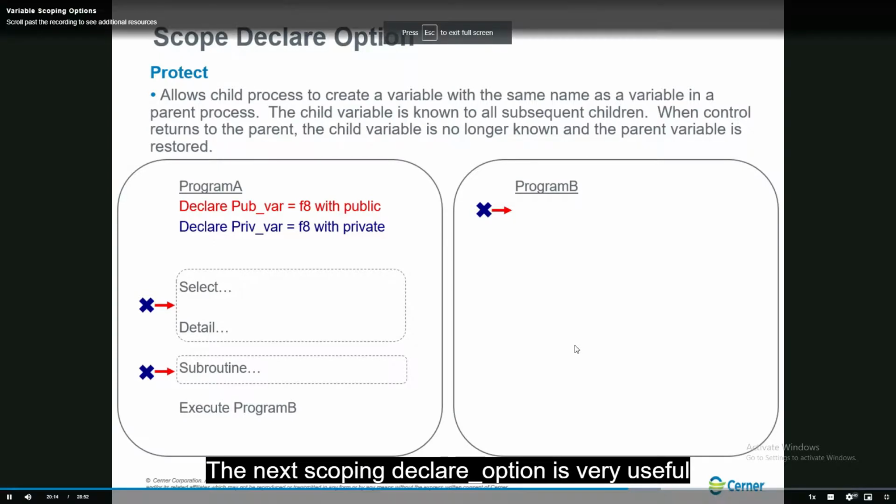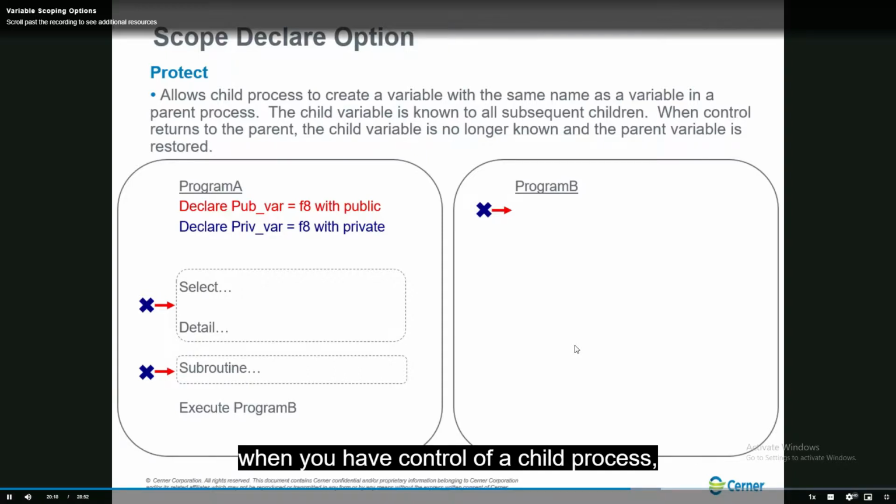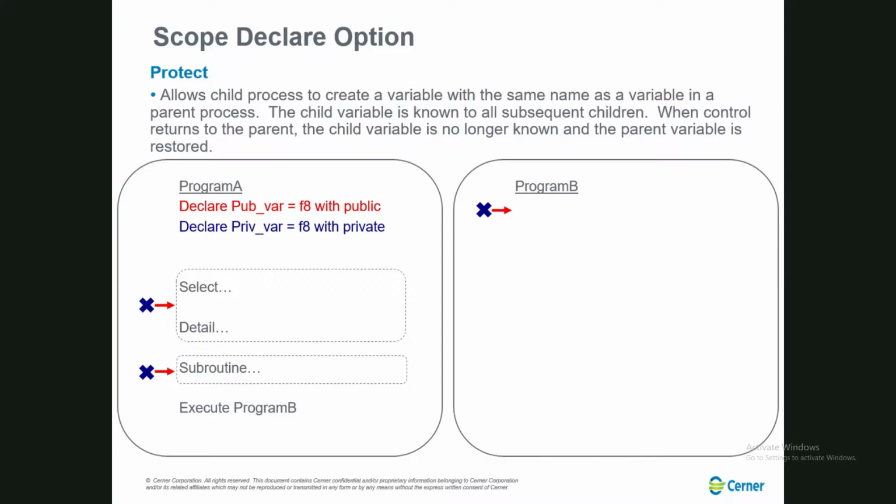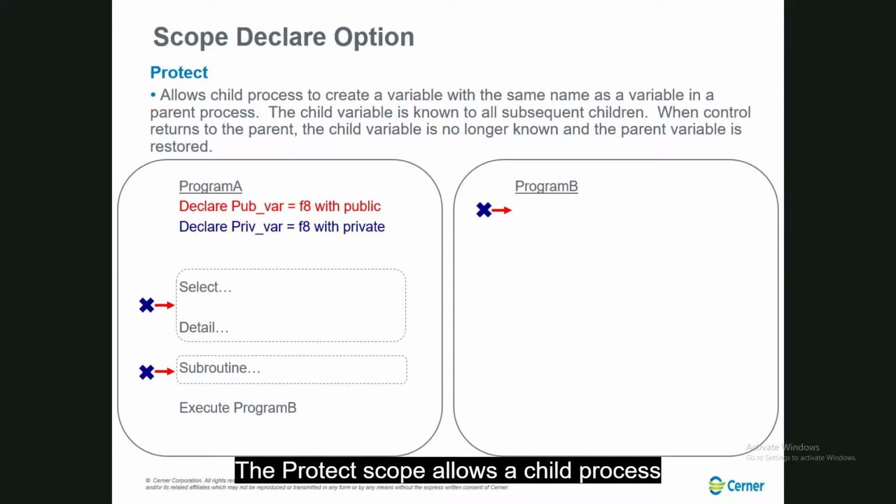The next scoping declare option is very useful when you have control of a child process, but no control and often no knowledge of what the parent process is doing and what variables it is using. The protect scope allows a child process to create a variable with the same name as a variable in a parent process.